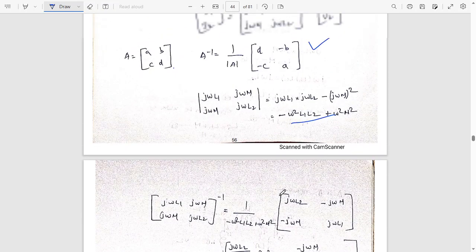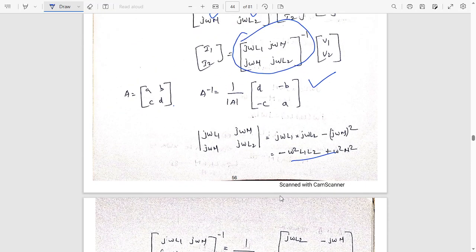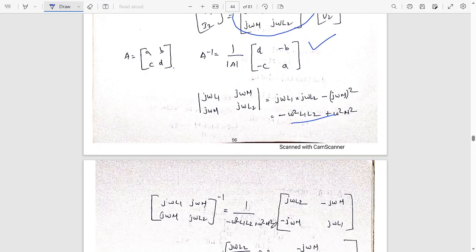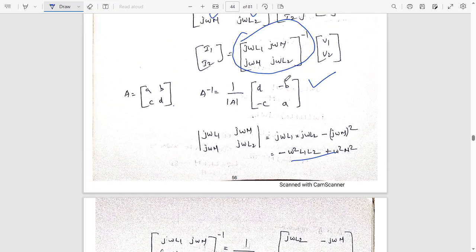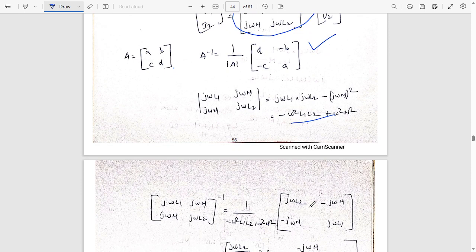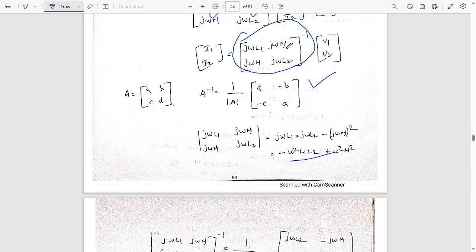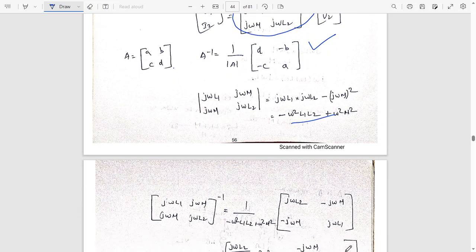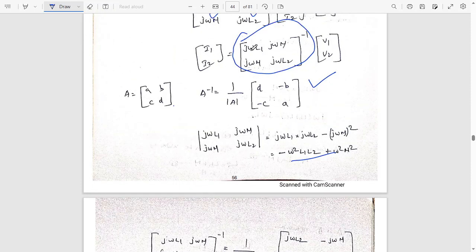So the inverse of the matrix j omega L1, j omega M, j omega M, j omega L2 is equal to 1 by the determinant of A, times the matrix with D at the top, which is j omega L2, then minus B, so B is j omega M and it is minus j omega M, minus C, which is minus j omega M, and then A, the first one, j omega L1.